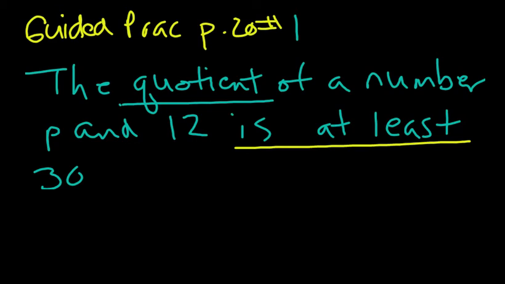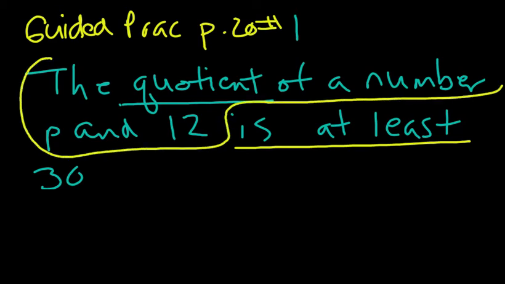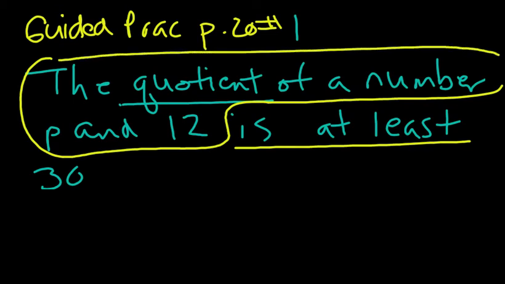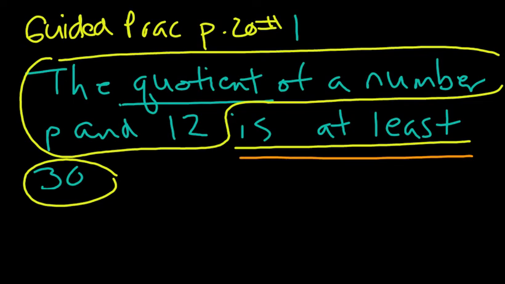So I'm going to go, okay, this whole part is one side, and there's a quotient involved. And this whole part is on the other side of the sign. And right here, this is going to be the sign.